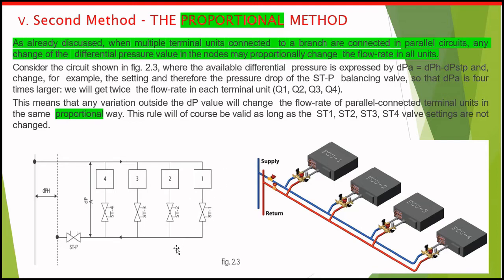So the first group of steps, let's say, depends on the first terminal, the furthest terminal here, and static 1 here. So we will set the differential pressure in static 1 to 95% of the calculated value for the first terminal.